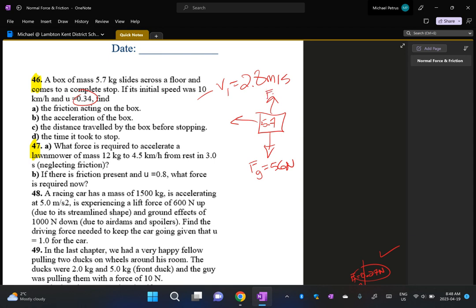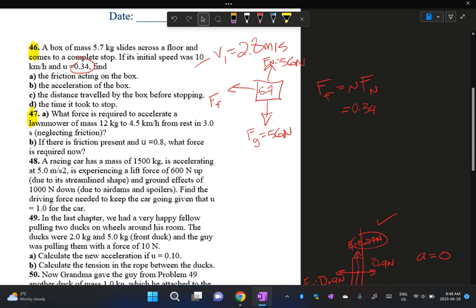That means the normal force will also be 56 newtons. And of course, friction is going to be over here. Friction is equal to the coefficient of friction times the normal force, so that's going to be 0.34 times 56 newtons.